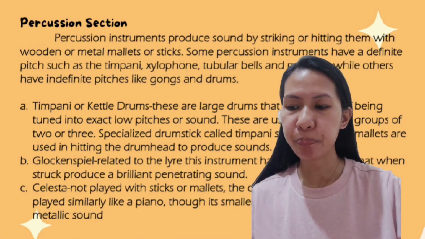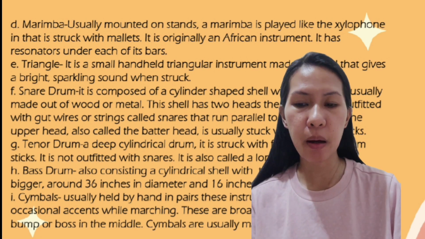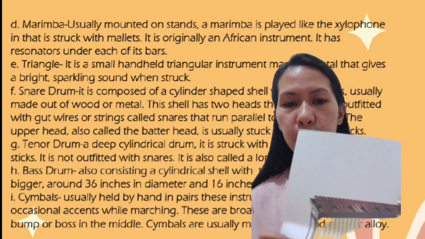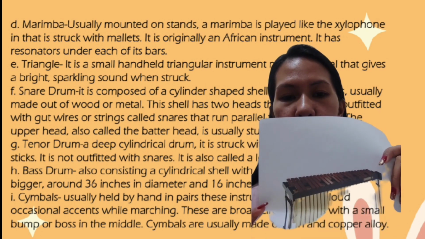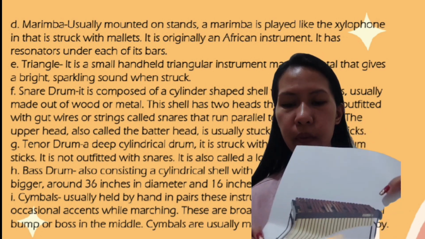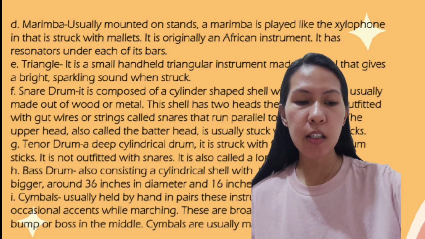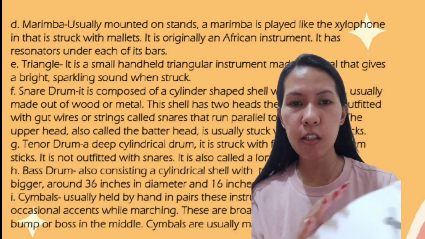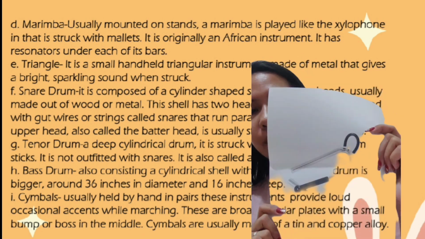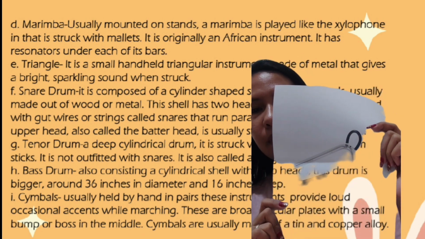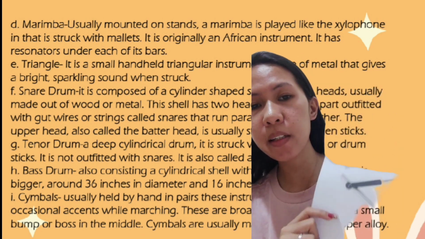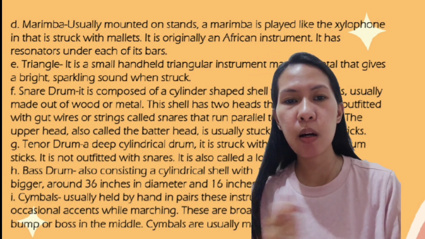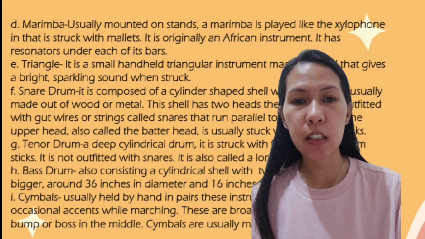And then, next is the marimba. Marimba naman is played like xylophone. Yan siya. Next is the triangle. Ang triangle is belong na po sa indefinite pitch kasi hindi mo masasakto ang kanyang tunog.